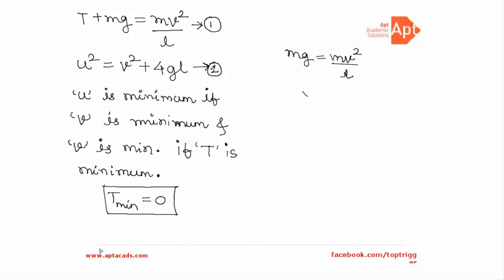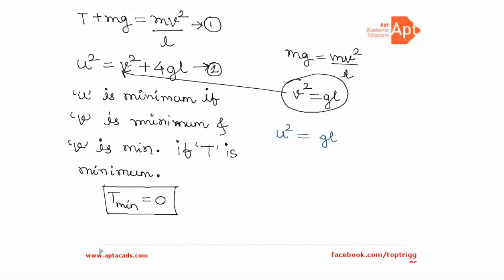So substituting the value of minimum v, we have u square is equal to v square, which is gL, plus 4gL, which is equal to 5gL. So we get the value of u square as 5gL, or simply the minimum value of u is equal to root of 5gL.